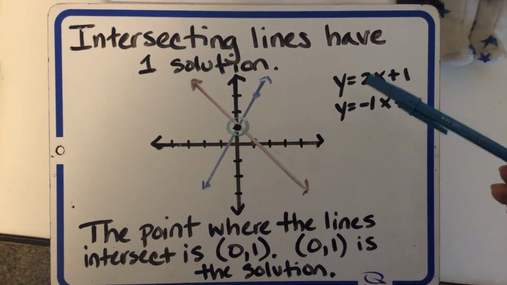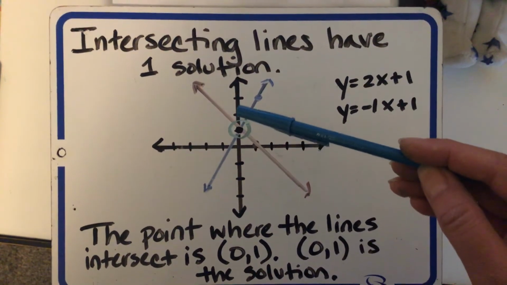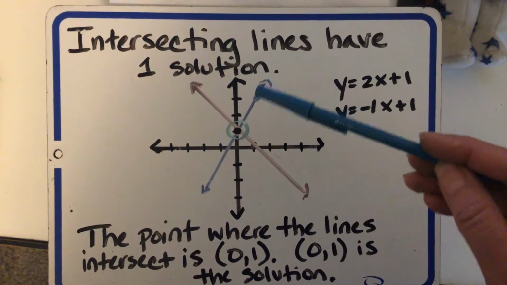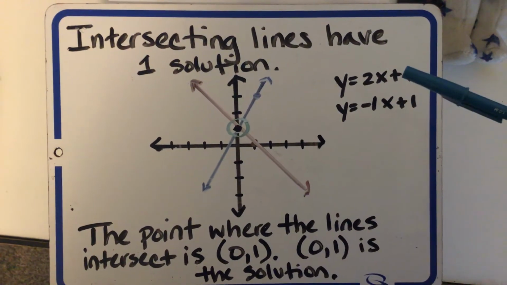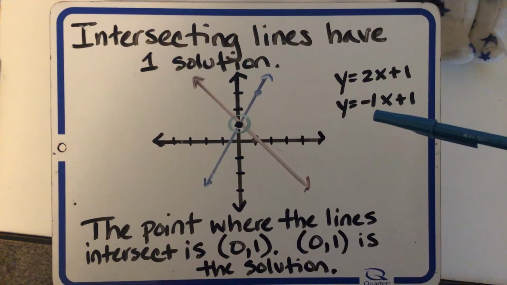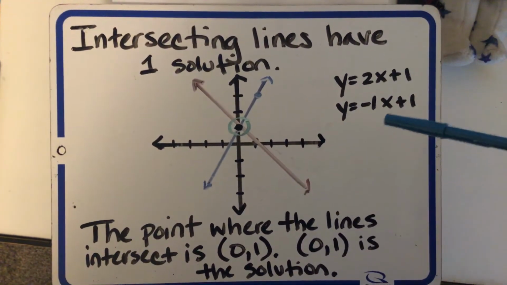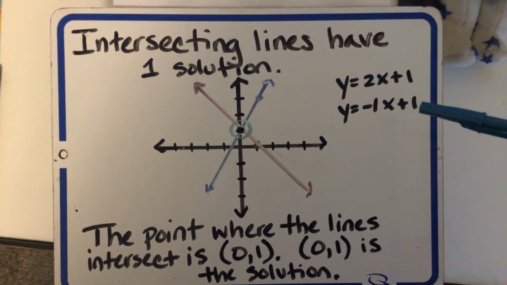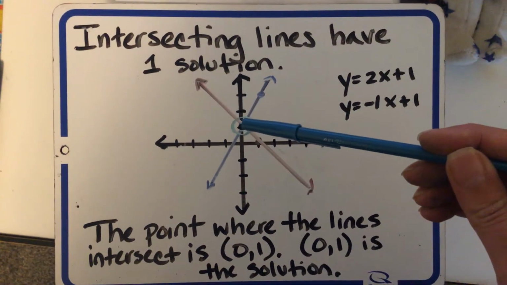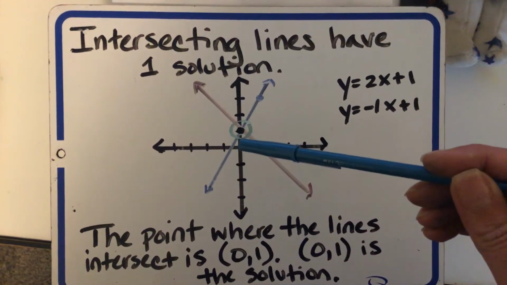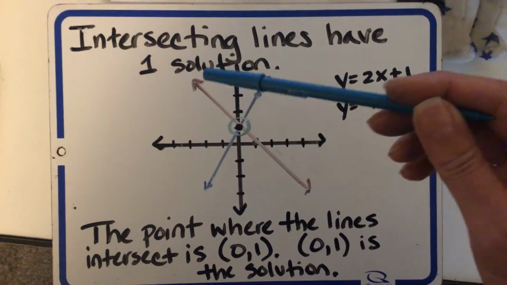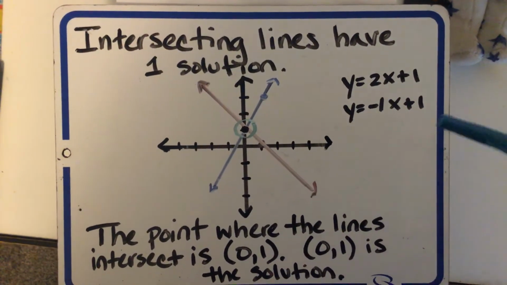And then I would rise and run my slope up 2 over 1, and that's the graph of this top equation here. The bottom equation says y equals negative 1x plus 1. So again, you would plot your b, which is 1. From there, you go down 1 over 1 for your slope, connect your points, and graph your line.